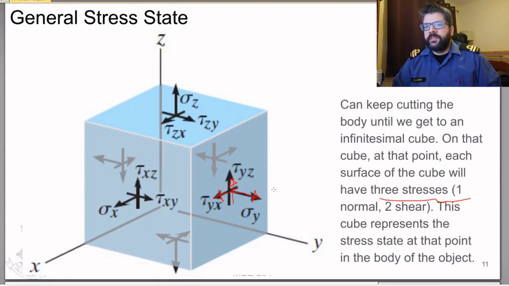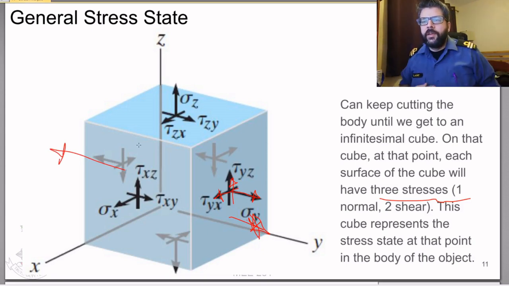We'll talk about this in a little bit, but obviously, if you're taking the equilibrium condition of this cube, the normal stress on this end needs to be equal to the normal stress on this end. Otherwise, this thing's accelerating. So if we want to be in equilibrium, then we need to have those balance out.